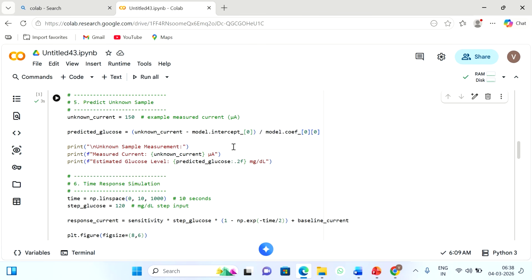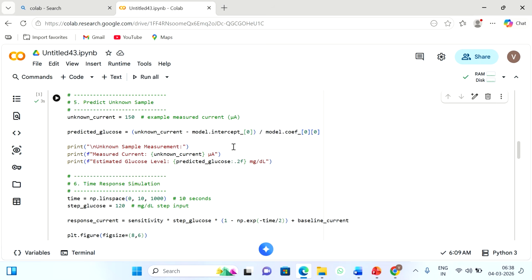In this way, we can learn from this experiment how glucose reacts with the enzyme and produces H2O2.